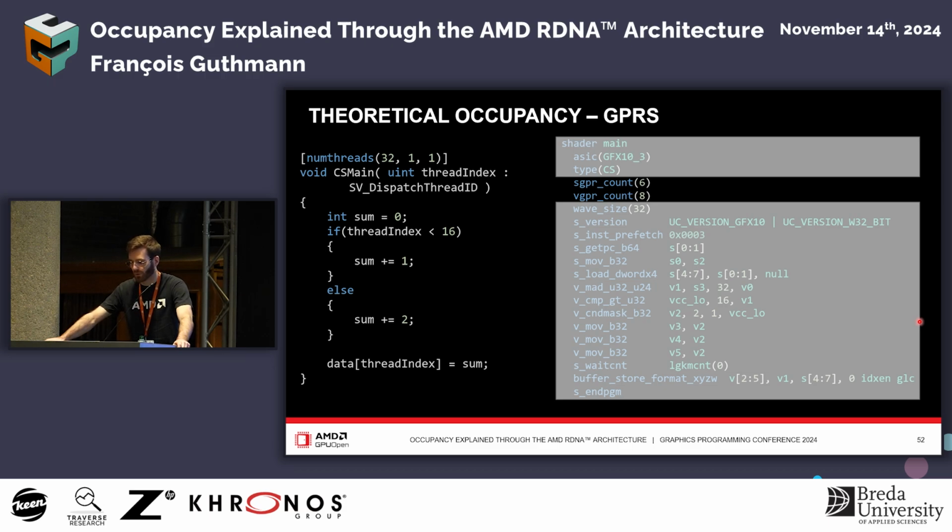So here, if we want to assign this wavefront to a SIMD, the SIMD first has to say, hey, I have 8 VGPRs free, otherwise it's not possible. And that way, at runtime, when switching from a wavefront to another, we don't have to do a bunch of copies everywhere. We can just say, oh, wavefront A is using this range of VGPRs, and wavefront B is using that range.